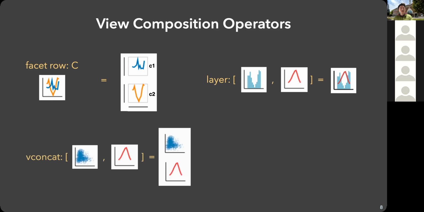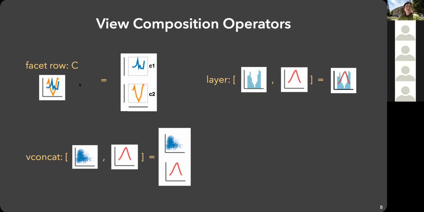Then we have the other ones, which they call concatenate. In a sense, they're quite similar to this row. But the difference here is you still have 2 single views. This is called V concatenate, that means vertical. So one will be on top of the other. The difference is they will still have their own axis.